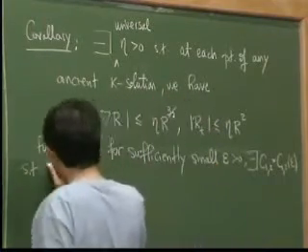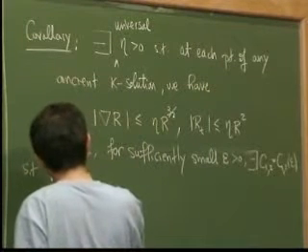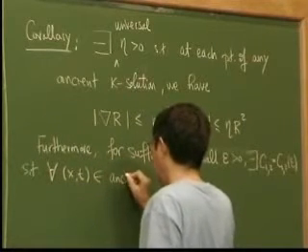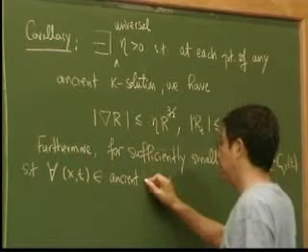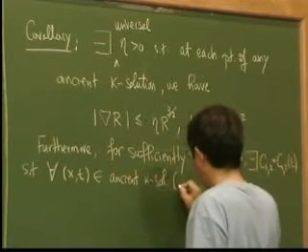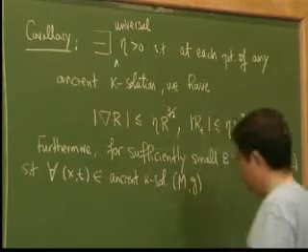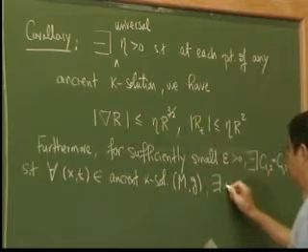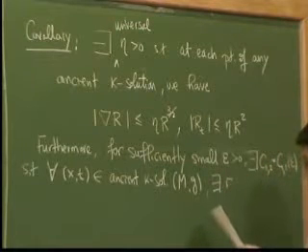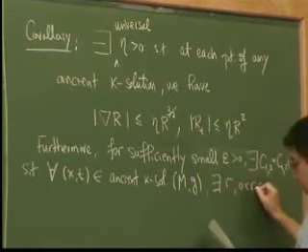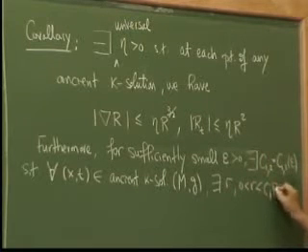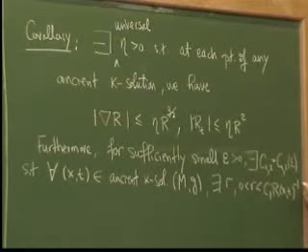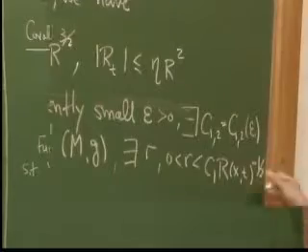So for any (x,t) in an ancient kappa solution g, there is R, certified and radius R, and this is less than or equal to C1 times the scalar curvature to the inverse one half. Okay, so it's modulo scaling factor.